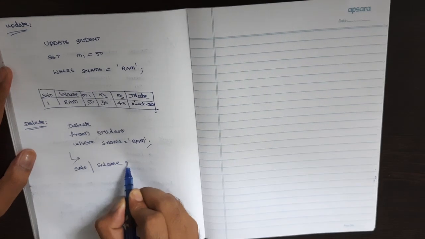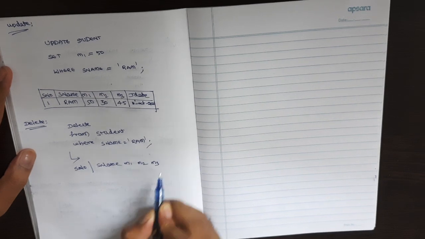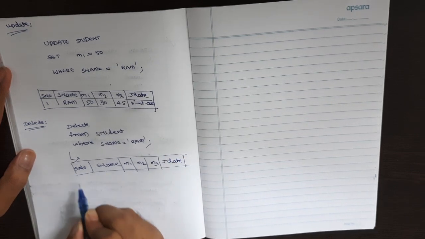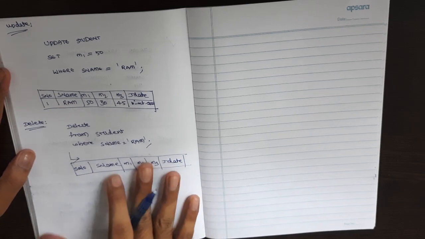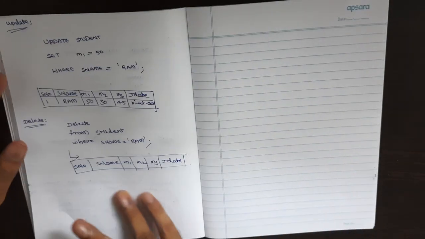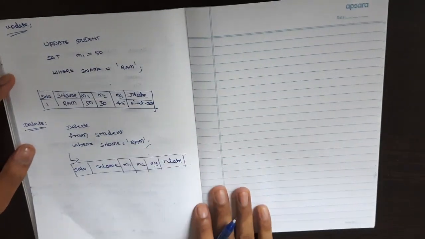Then it will delete the particular record, that is RAM, who has the name RAM. So the output will be SNO, SName, M1, M2, M3, JDate. There won't be any data now. This is called CRUD: creating a table, inserting the data, updating the data, and deleting the particular records.